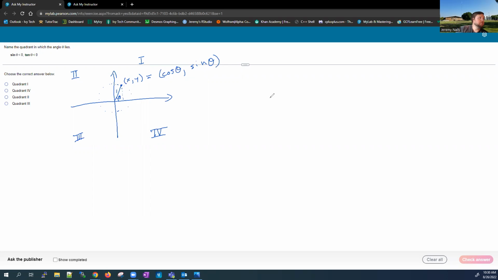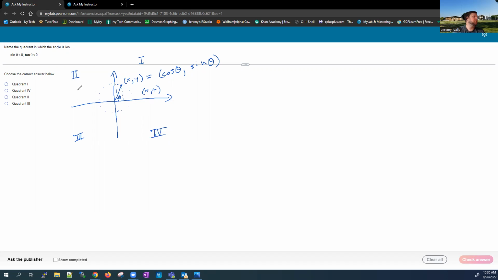So now in quadrant 1, the x and y values, so any point in quadrant 1, is going to be a plus and a plus, right? They're both positive.